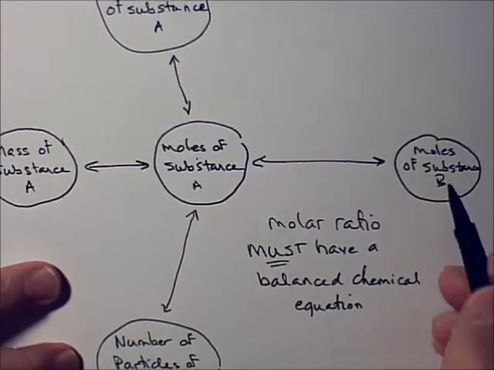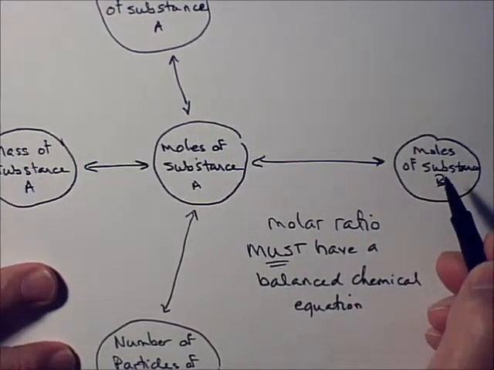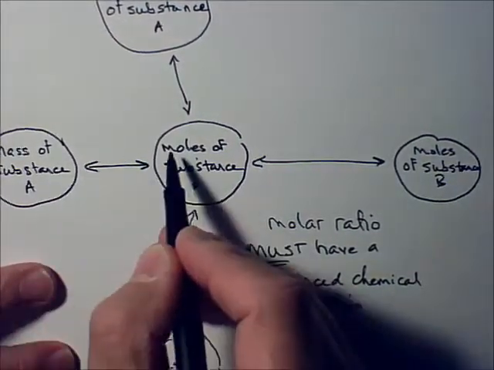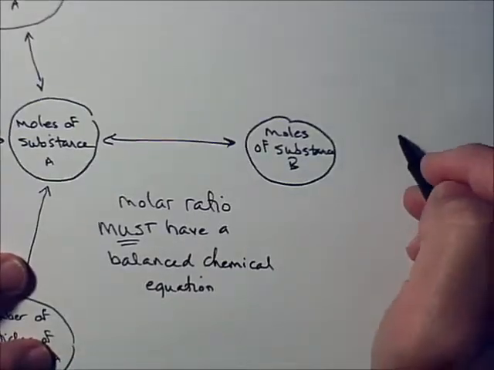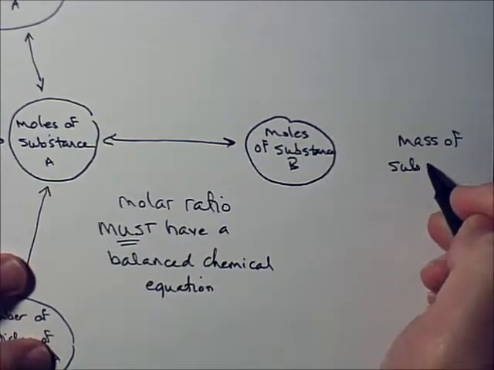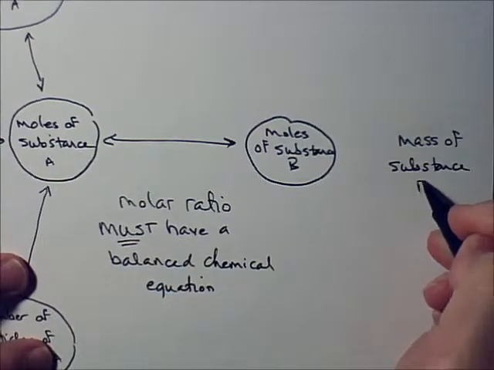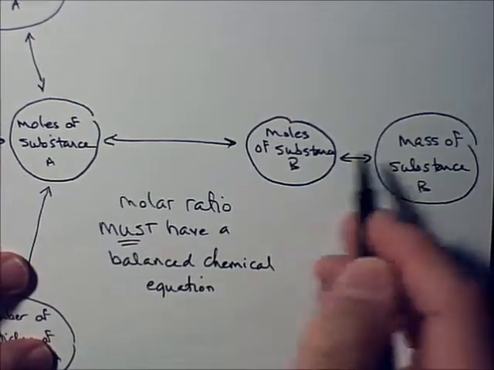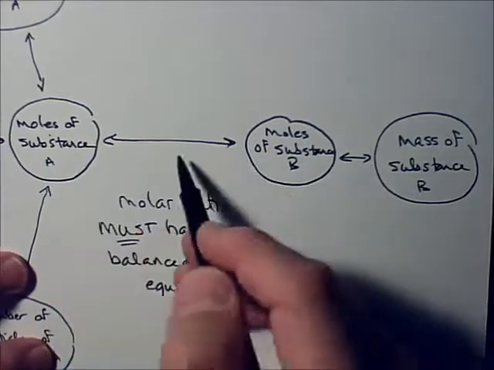Well, guess what? If we have moles of substance B, we can also find the mass of that, for the same reason we can find the mass here or the moles here. So you need a conversion unit to do that. Here you need a molar ratio.